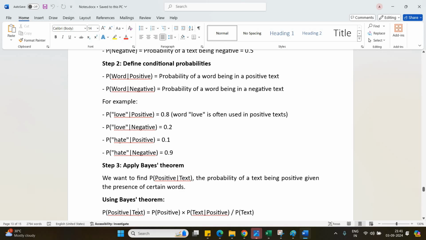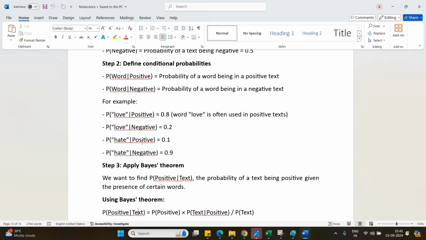There could be the word hate, which could have been used in the positive sense. The sample data says there is a 10% chance. There may be a sentence like, I hate that you don't come to me and say I love you every morning, right?